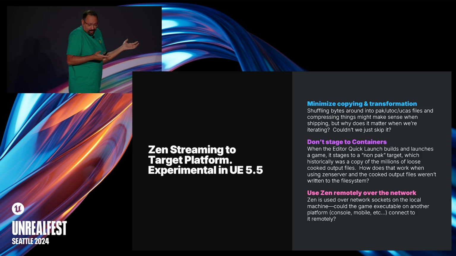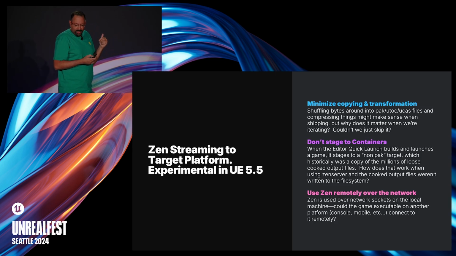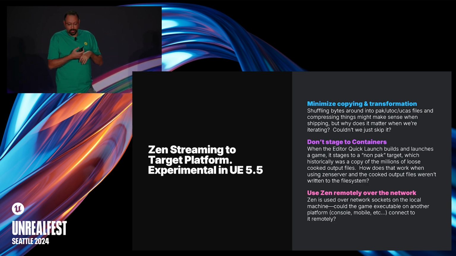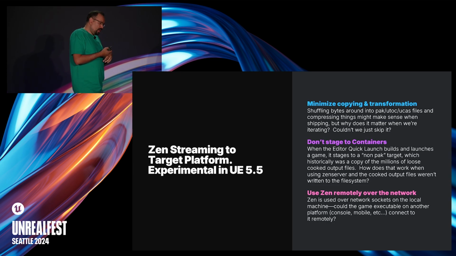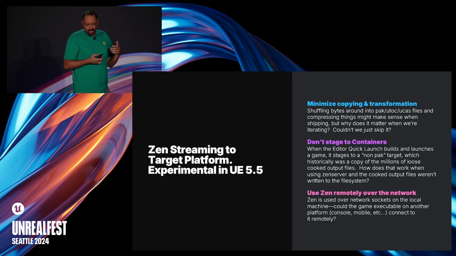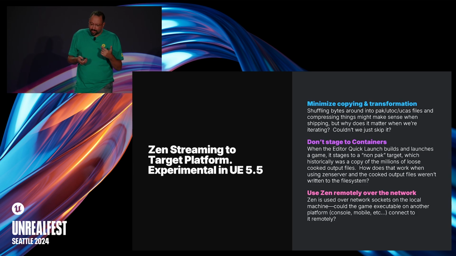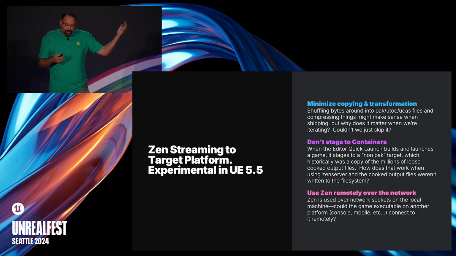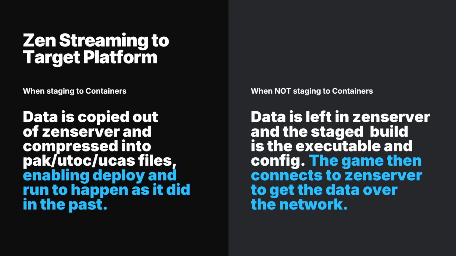How does that work when we're storing the cooked output in ZenServer and the cooked output files weren't written to the file system? And then finally, we're using Zen over network sockets on the local machine. Could the game executable on another platform, console or mobile device, connect to it remotely? Spoiler alert, the answer is yes.